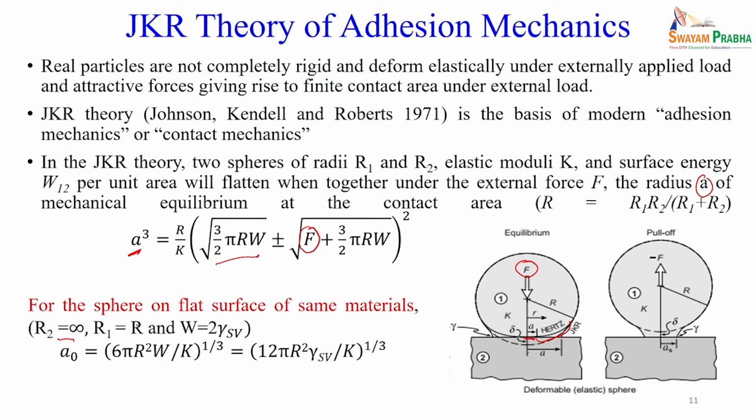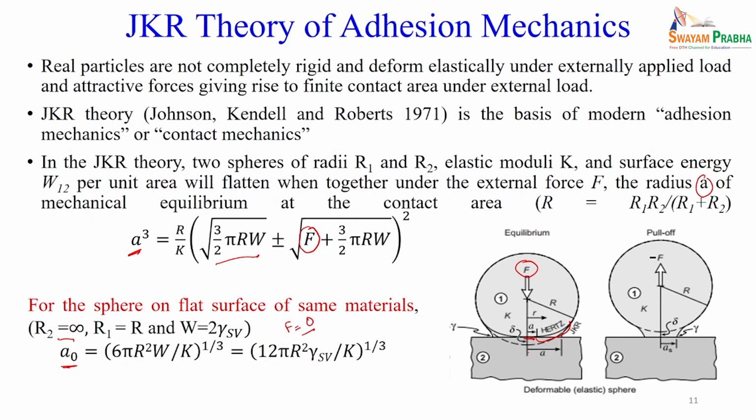Then we can write R1 as R, and in this case the work of adhesion W will be twice the gamma solid vapor. So we can write A naught, where we are again considering F equal to 0.